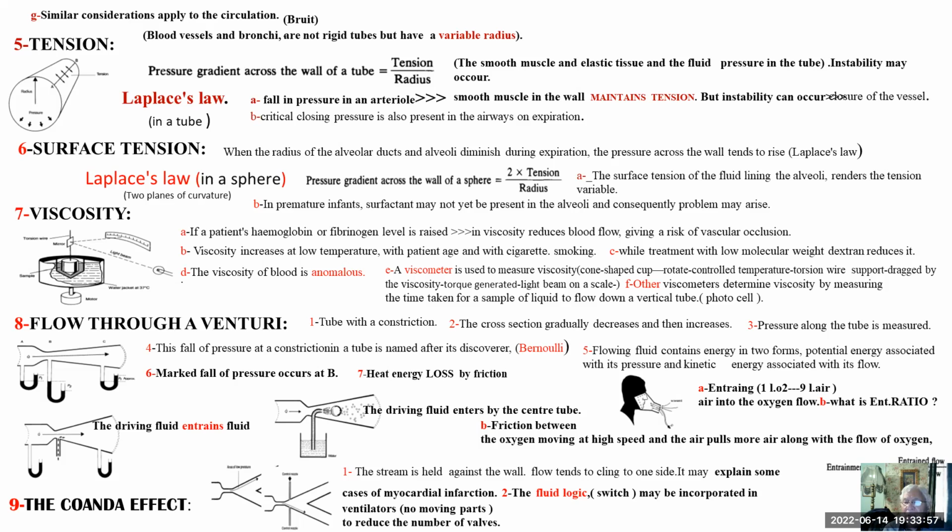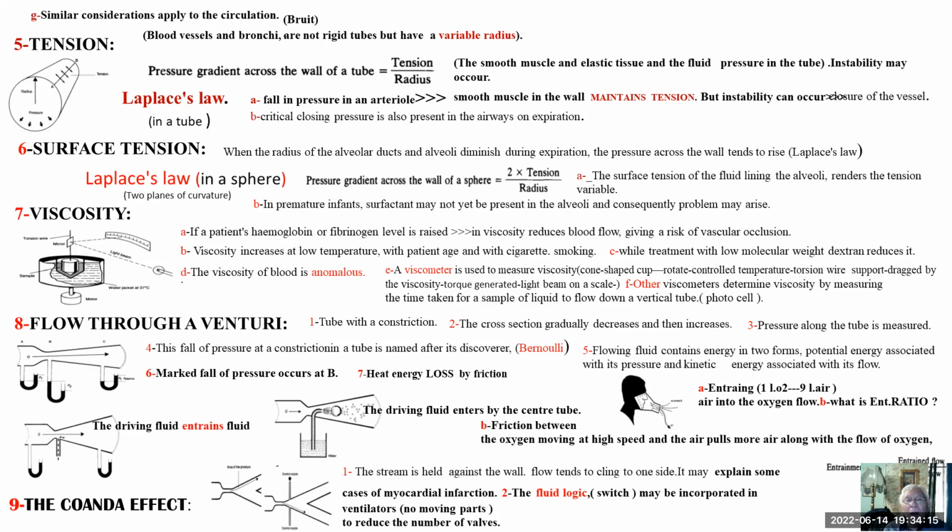Laplace law applies either to a cylinder, as you can see in the figure, or to a sphere. You see, the sphere has two planes of curvature. This is why there is a difference between the equations of both types.